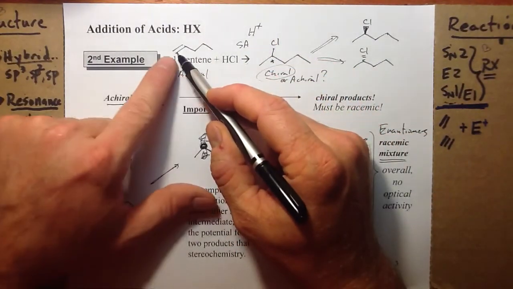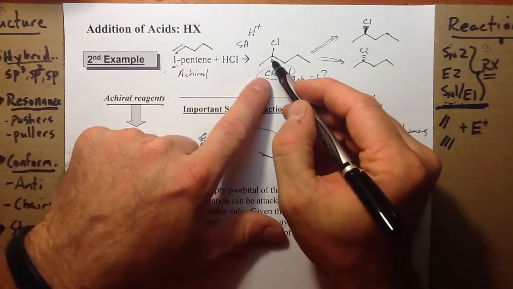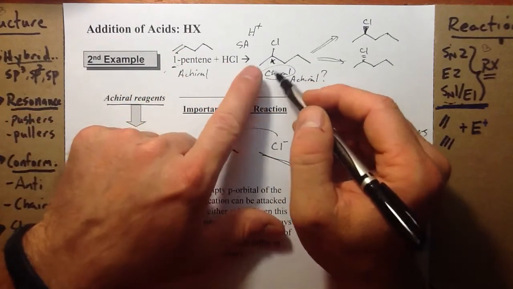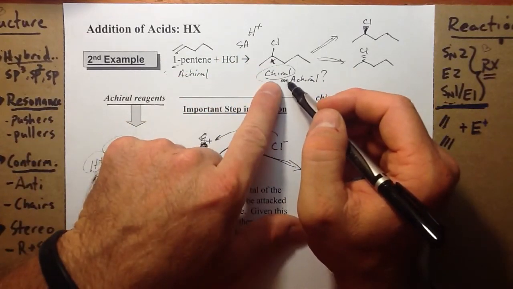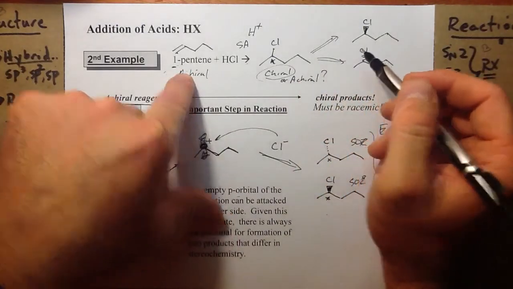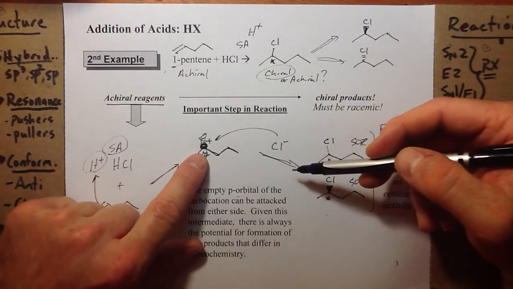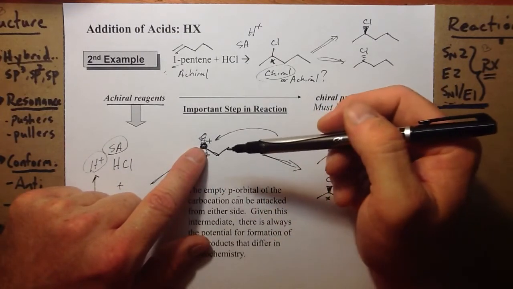This goes to the carbon with the most hydrogens and the chlorine goes to the inside carbon. Determine that you have chirality and say, oh, well, because it was achiral, I can't create a chiral product from an achiral reagent. I'll just draw two. But to understand that, of course, you would need to see that p orbital as being attacked from either side.